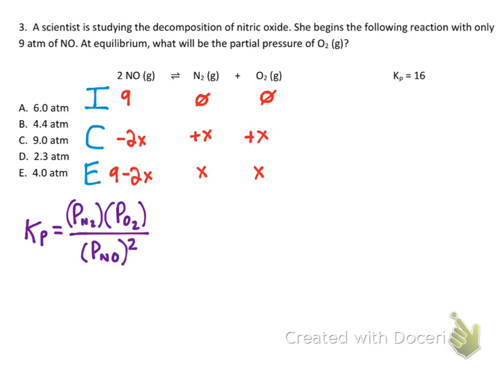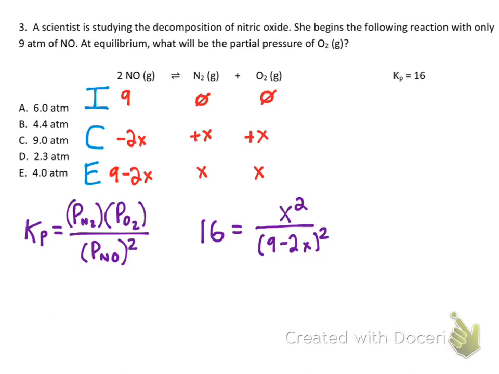Now we'll plug in the values that we have from both our equilibrium constant and from the equilibrium line of our data table. So we get x times x over 9 minus 2x squared, but we can simplify x times x and make it x squared. Cool.